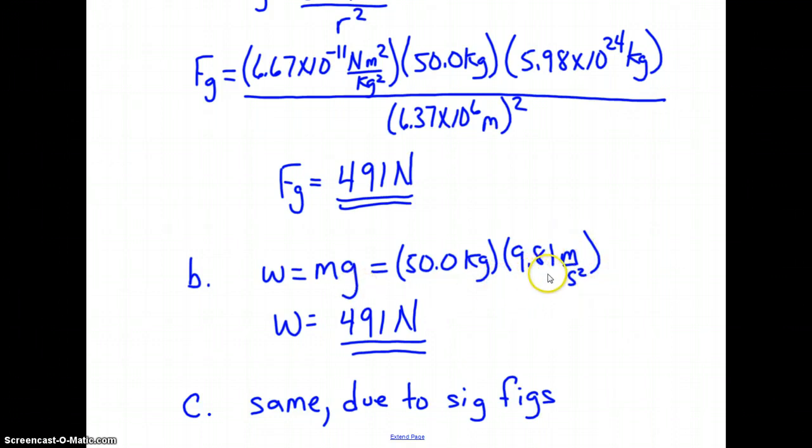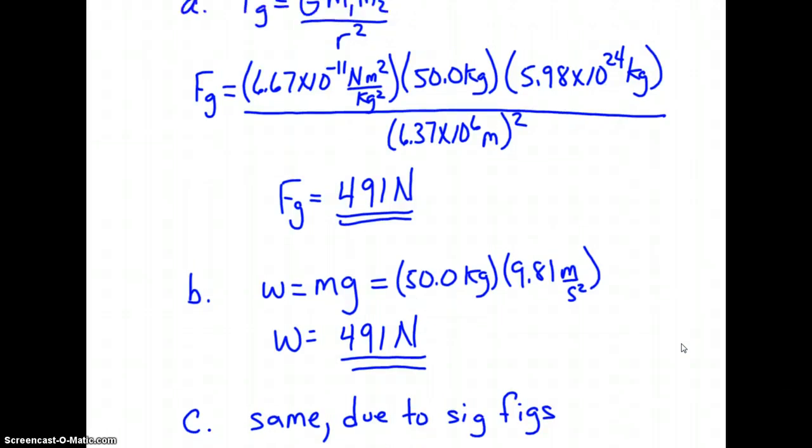That also is a 3 sig fig value of little g. If we were to use the perfect absolute values, these two values, even on your calculator, would come out to be perfectly the same. And they should, since weight is a measure of the force due to gravity between two objects, in this particular case between the Earth and you.